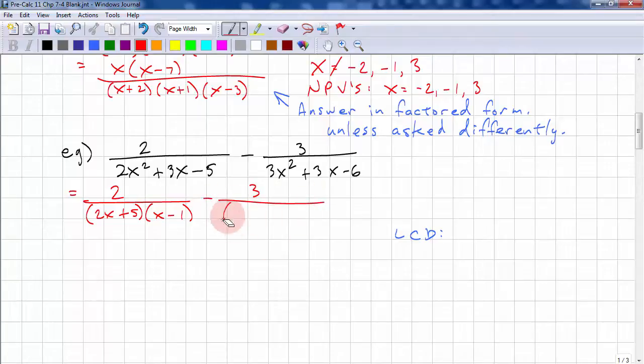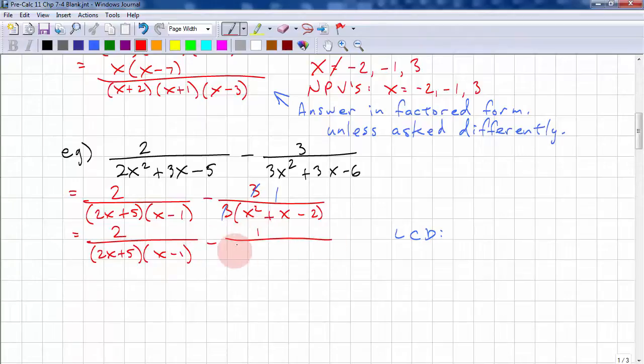This works best if you factor out a 3 first, it makes it easier. Okay, and then the 3's cancel out, and we're left with 1. And then we have x plus 2, x minus 1.